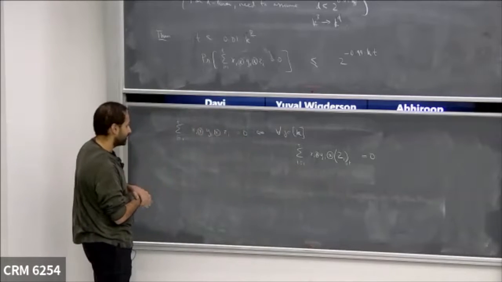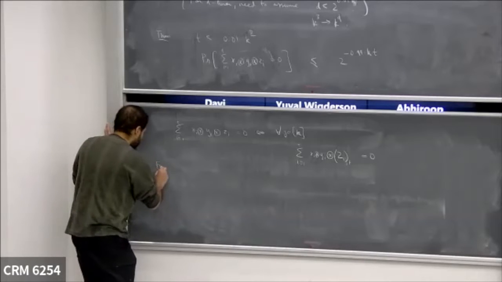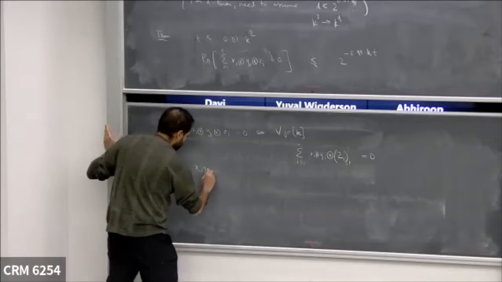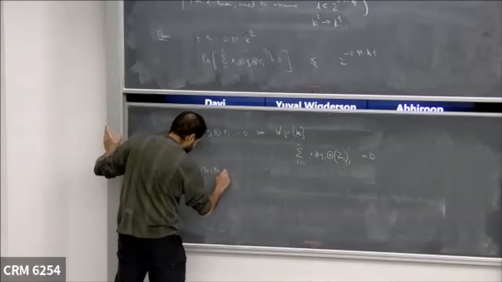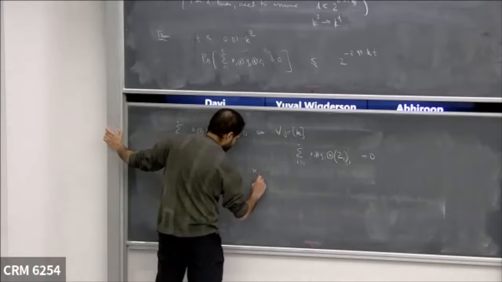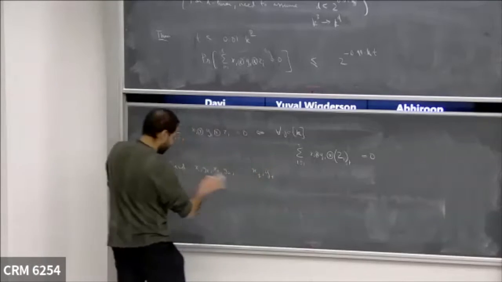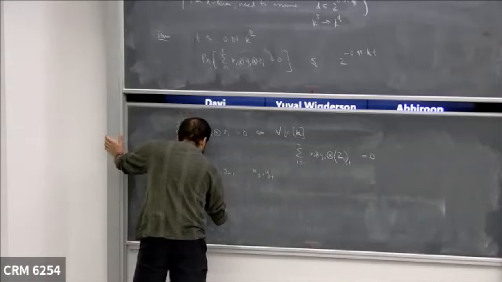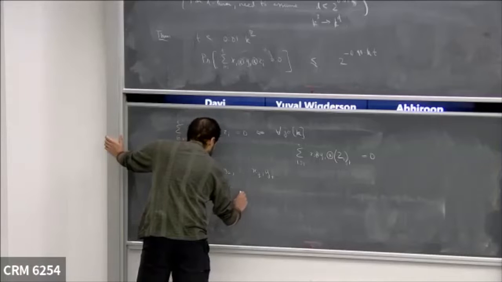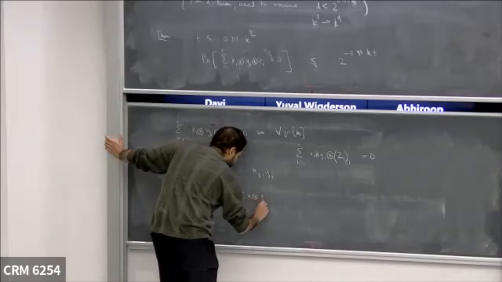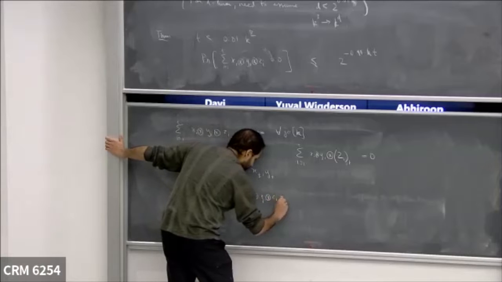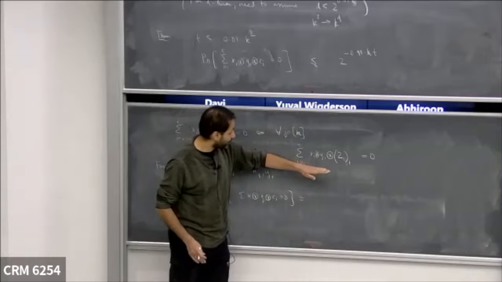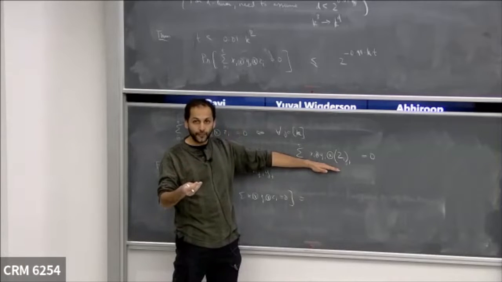So for fixed x1, y1, x2, y2, up to xt, yt, so I'm not fixing the z's, but I fix the x's and y's. When all these are fixed, the probability over z1 up to zt that the summation of xi tensor yi tensor zi is 0 is the same as the probability that this happens to the power k.